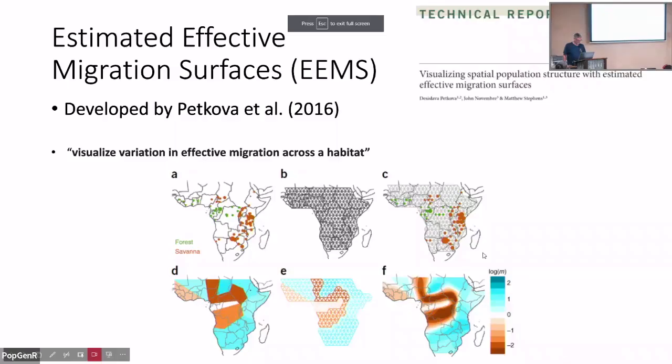It's called estimated effective migration surfaces, and Robin kind of used it in her thesis as well. It is actually a fairly old method, but it's not used very much. And I think one reason where Dart shines, it makes it easier now to use it. And I actually almost fall in love with it because I think it's cool.